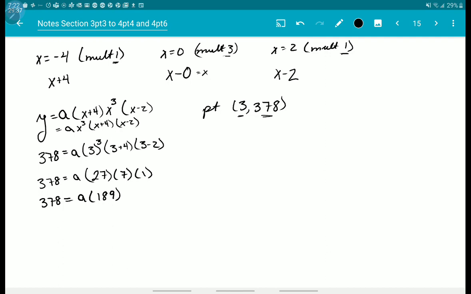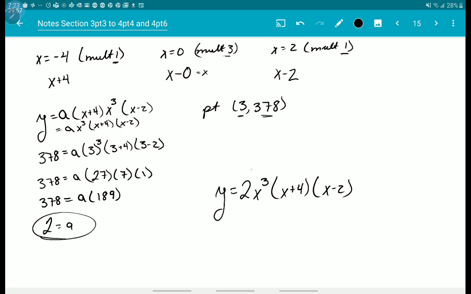And then if I divide both sides by 189, I'm going to get 2 for a. So the polynomial that satisfies all of this information would be y equals 2x cubed times x plus 4 times x minus 2. There's our final.